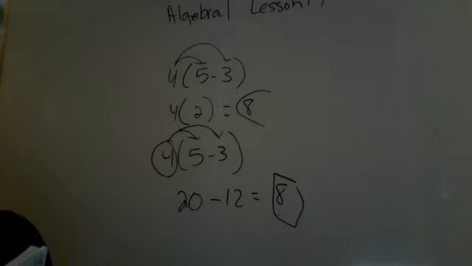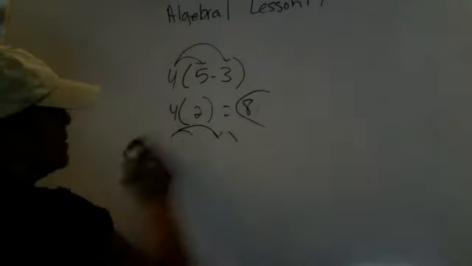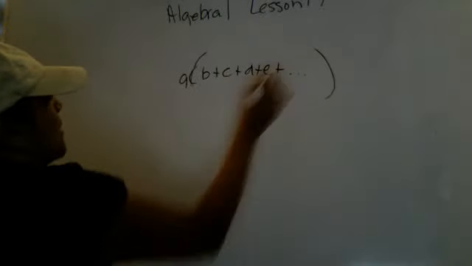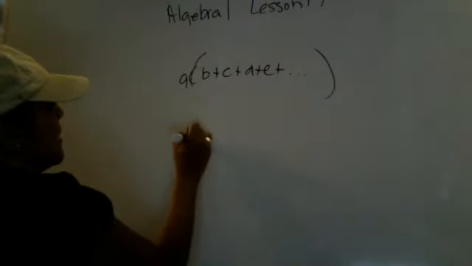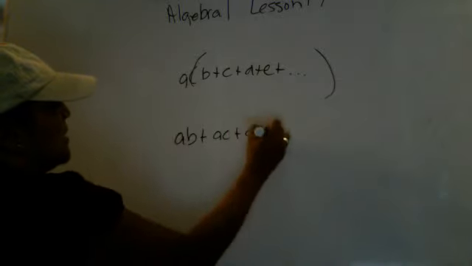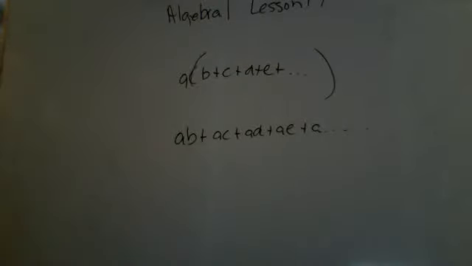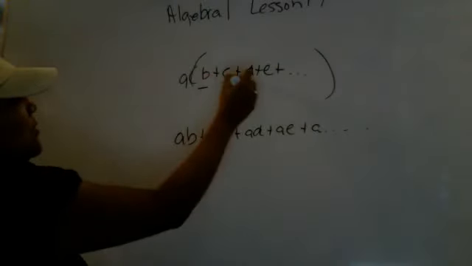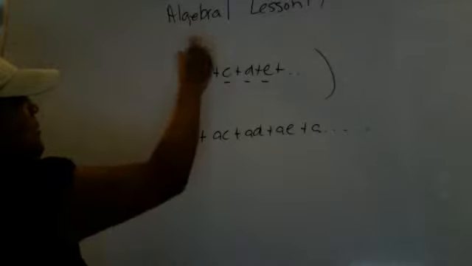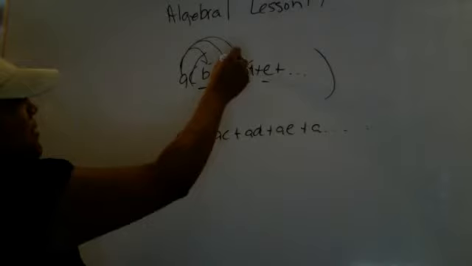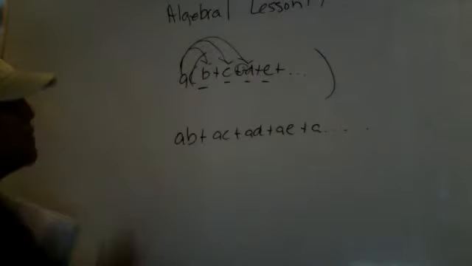Now, if you extend this, basically what it's saying is if you have a times (b plus c plus d plus e plus ...) then it's also equal to ab plus ac plus ad plus ae plus ... Does that make sense? Meaning, if there's 1, 2, 3, 4 terms inside the parentheses, this has to be multiplied by all 4 terms. And don't forget the sign is attached. It's to the left of the variable or number.